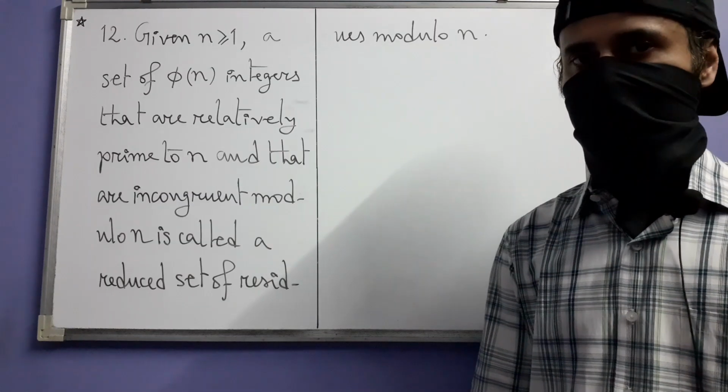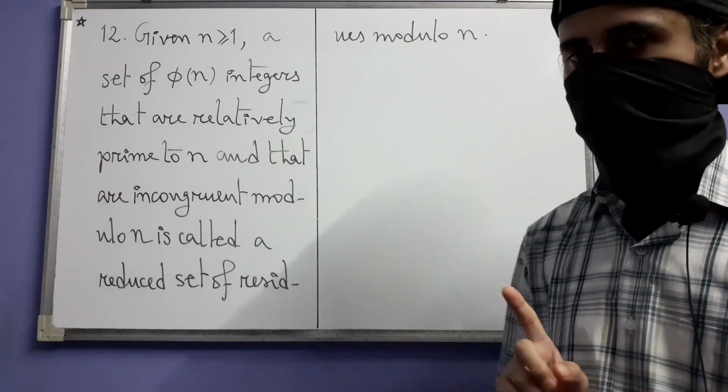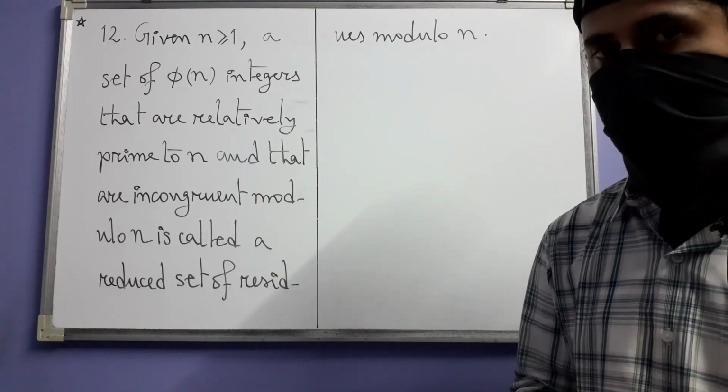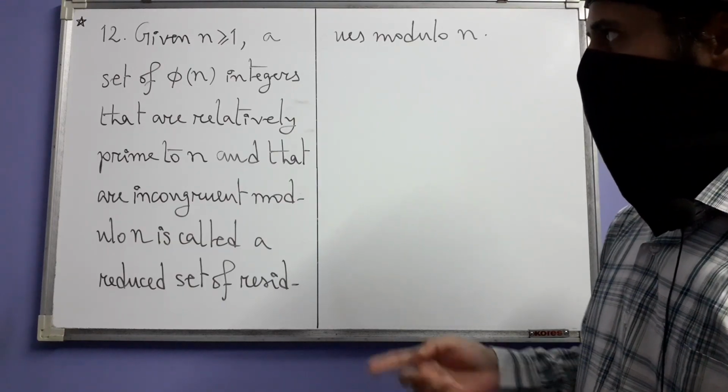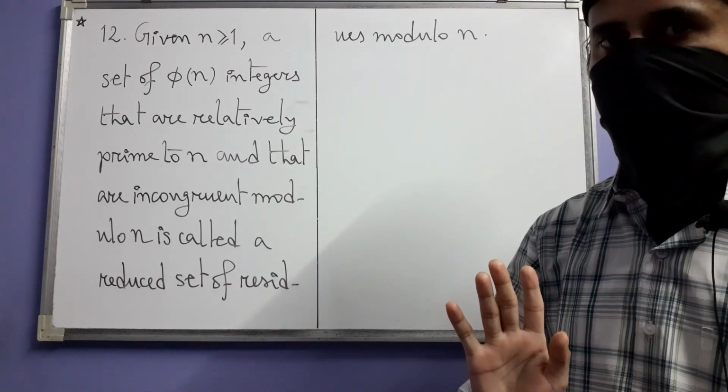Let's see another one, number 12, where it's given that n is a positive integer and a definition is given of a set. We consider a set of this many integers, phi of n.